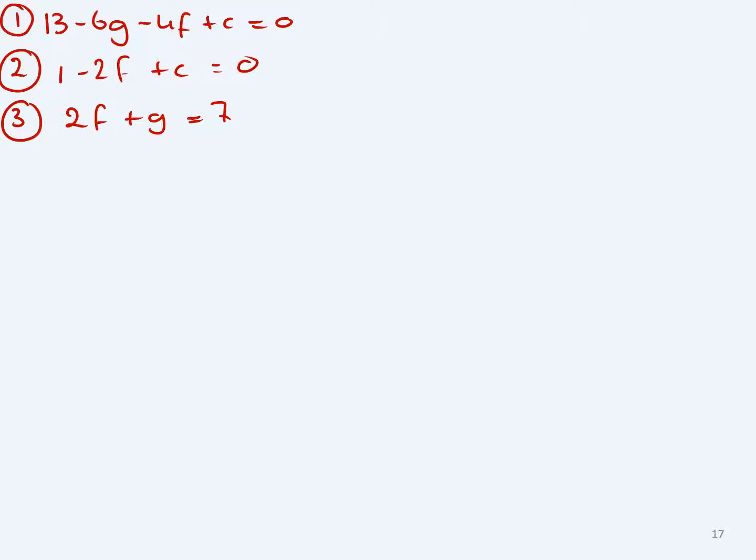So the best way for us to deal with this is actually using isolation and substitution. So taking equation 3, I can rearrange that to be g is equal to 7 minus 2f. I'm then going to sub that into 1.